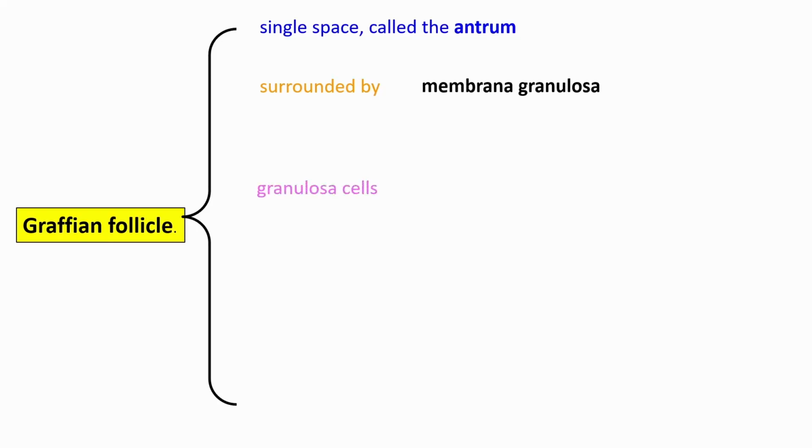These granulosa cells surrounding the antrum and the oocyte, they project into the antrum, and this is called cumulus oophorus, which we have just seen, and they connect the oocyte to the surrounding granulosa cells. Now this Graafian follicle is getting larger and larger.